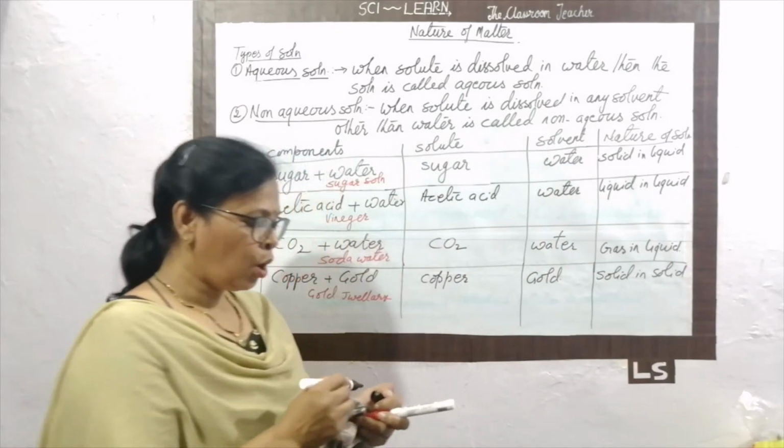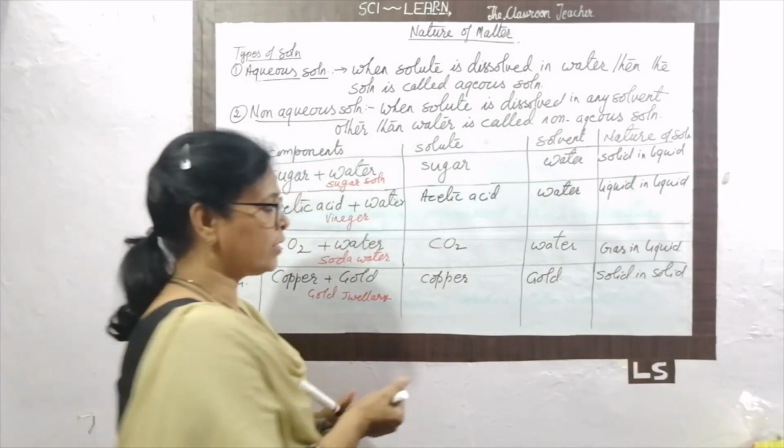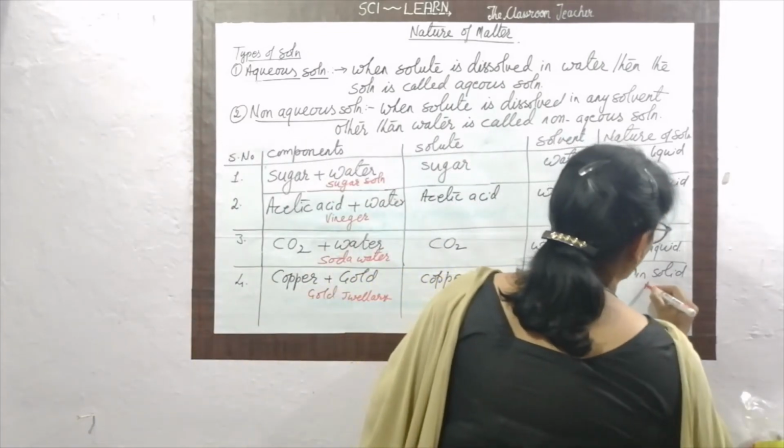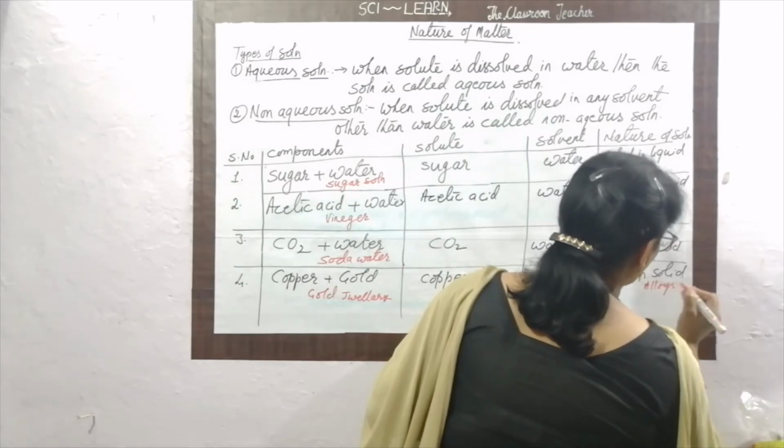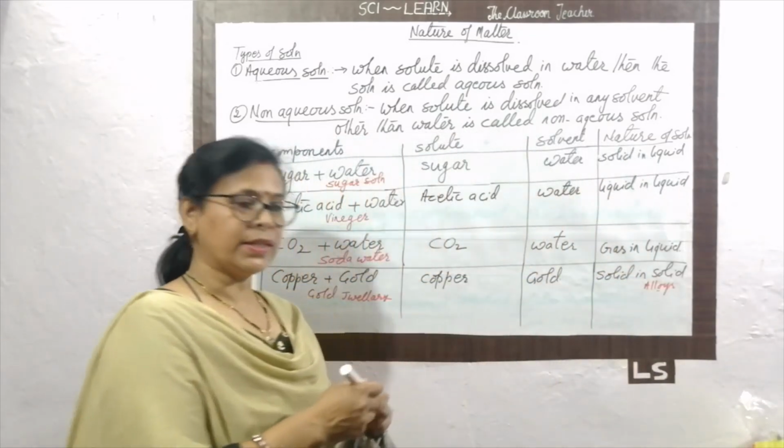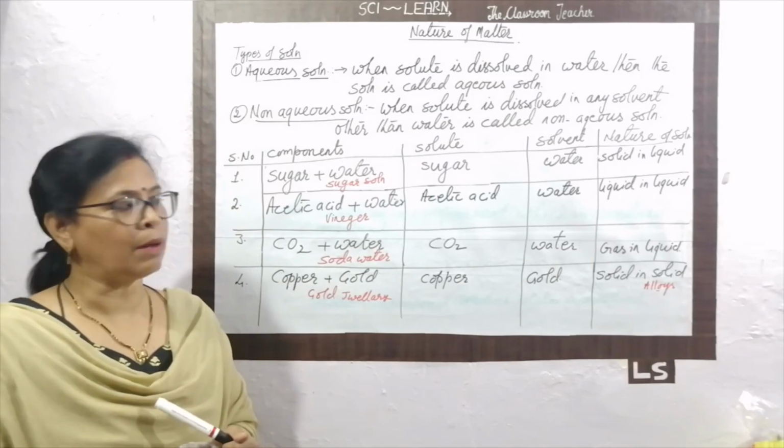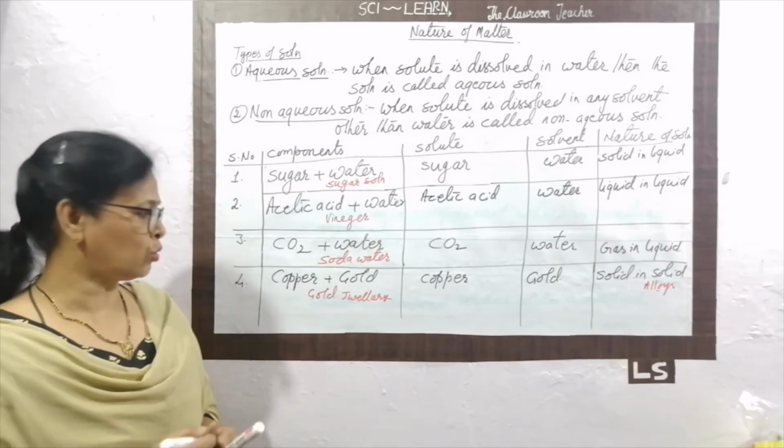All the alloys we studied in class 8, or I must explain in class 9 only, are examples of solid in solid.